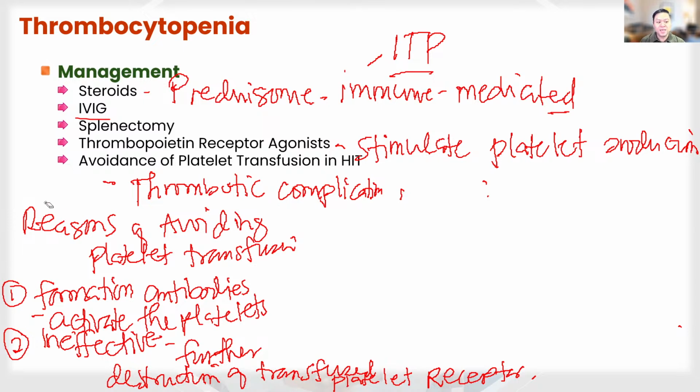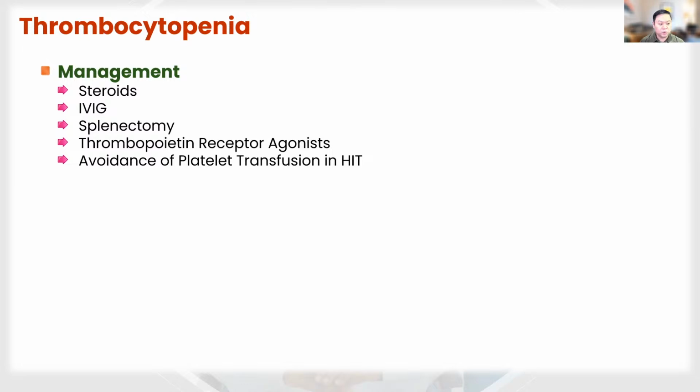So what would be the treatment here, guys? We are going to focus on treating the underlying cause, which is to basically stop the heparin infusion. So let me clear this. If the patient has been prescribed the heparin infusion, maybe because of a DVT issue, and then they went into a complication such as the HIT, so definitely we're going to have to stop the heparin infusion in this patient.